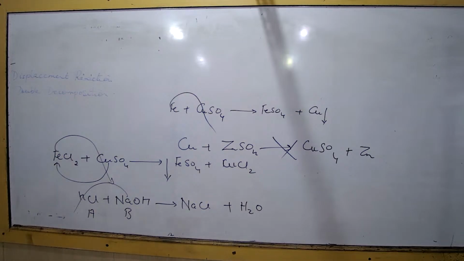A double decomposition reaction is a reaction wherein two compounds are participating, and the more reactive element in one compound displaces the cation in the other compound and takes its place, and the cation from the second compound occupies the place of the cation in the first compound.